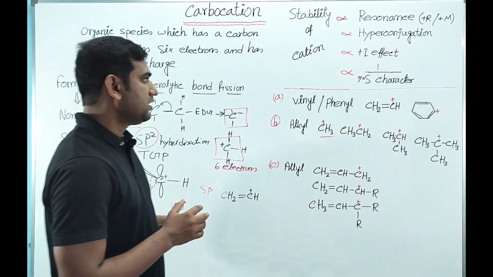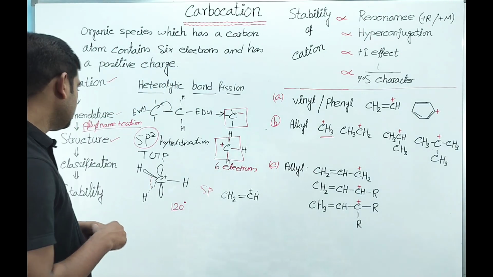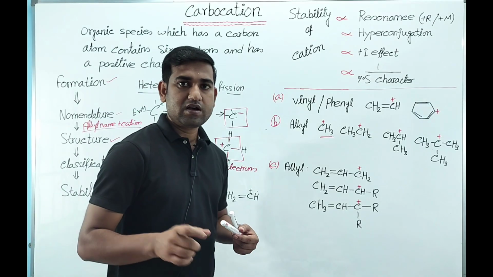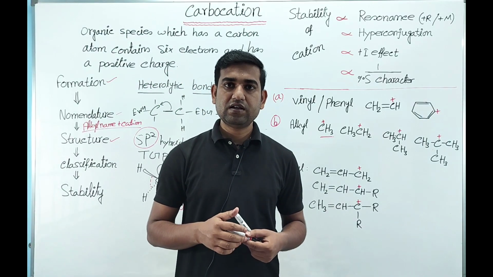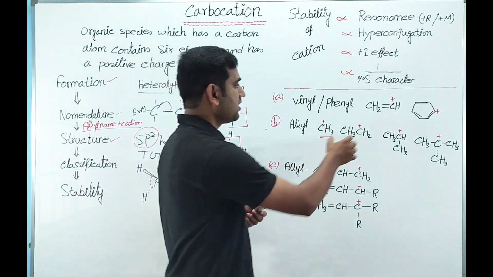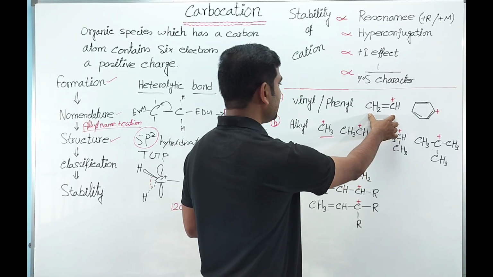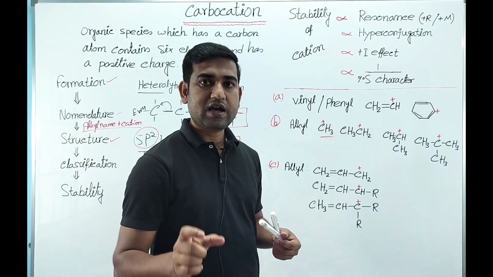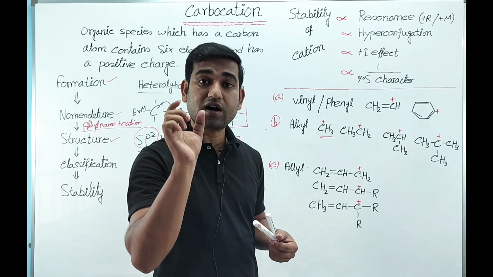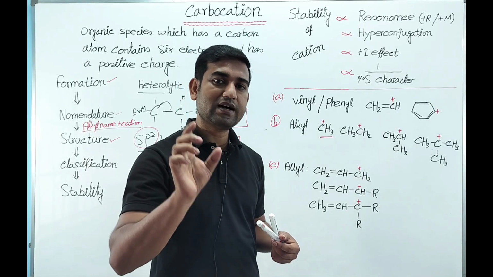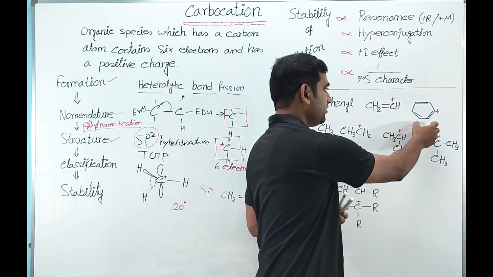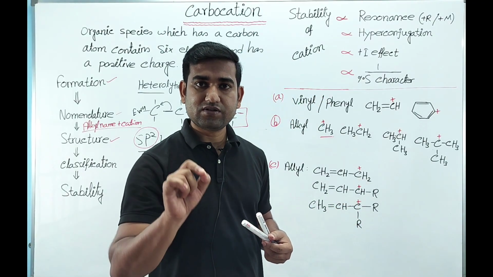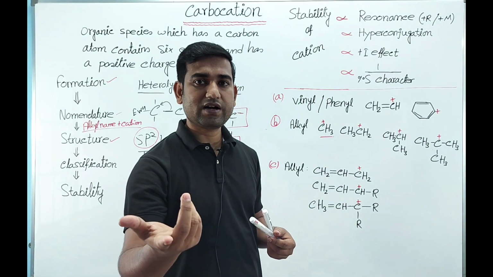So next, the important term to understand is stability and carbocation classification. Generally, this is a vinylic carbocation. Vinylic carbocation means when the carbocation carbon is attached with a double bond. When a benzene ring forms a carbocation, this is called a phenylic carbocation.